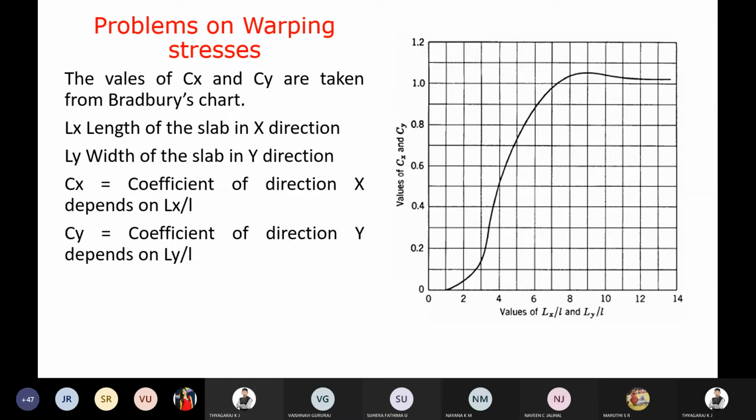What is the LX value you have considered? LX, 4.5. LY, 3.5.